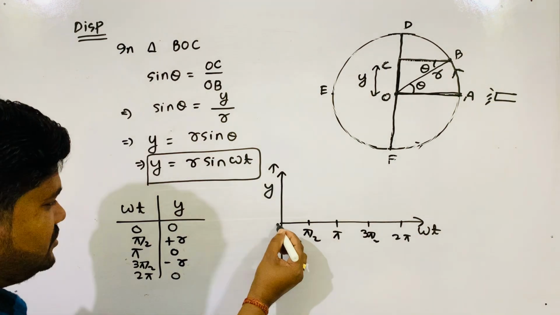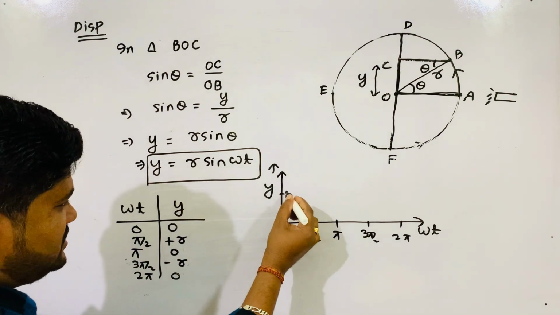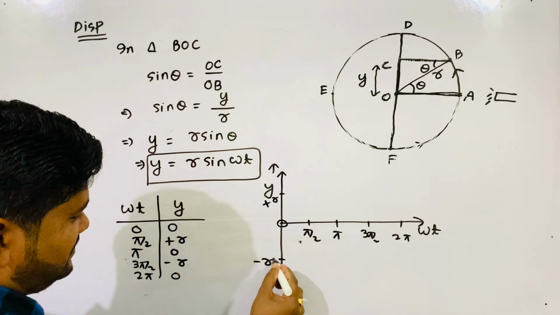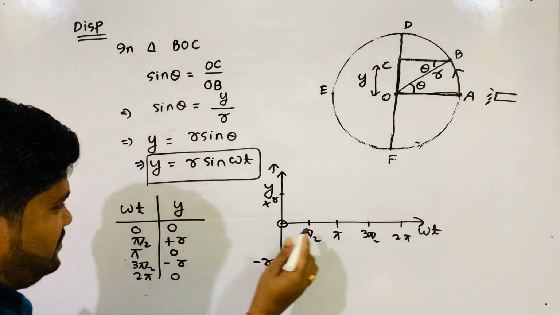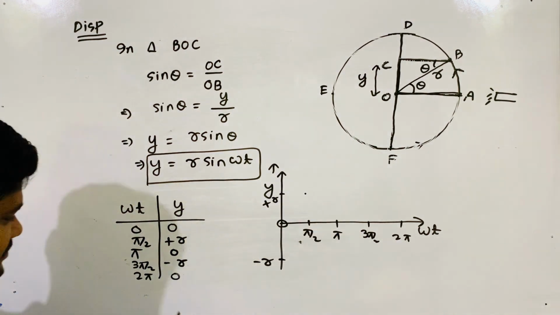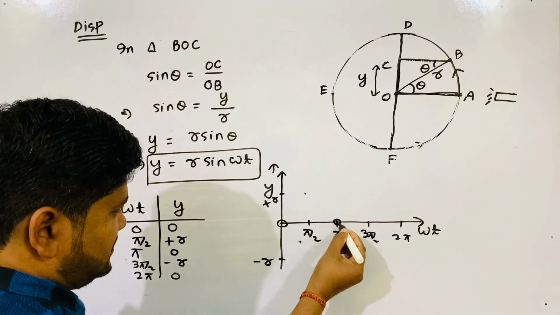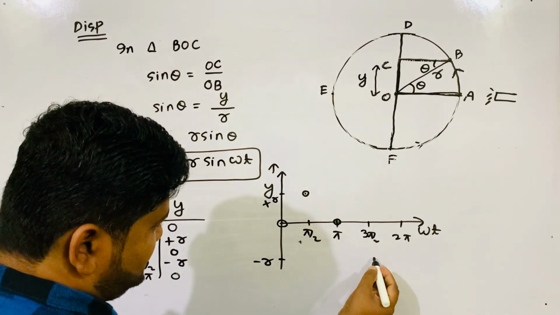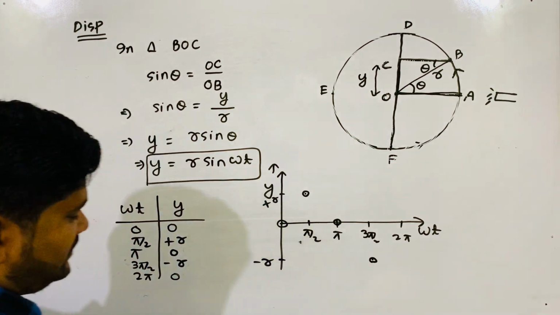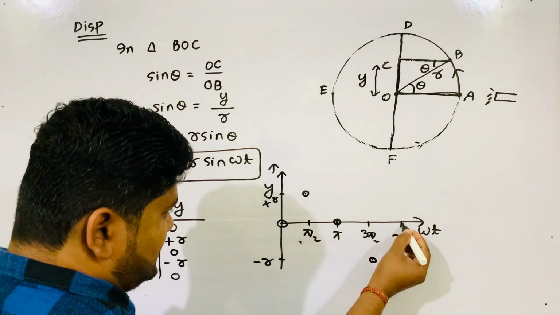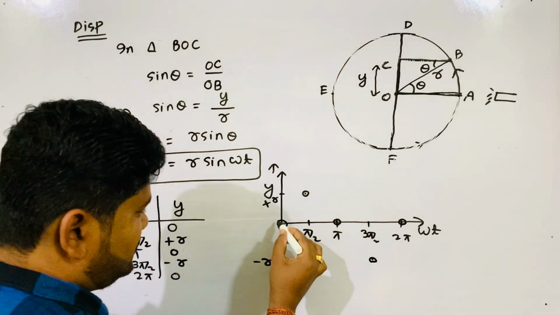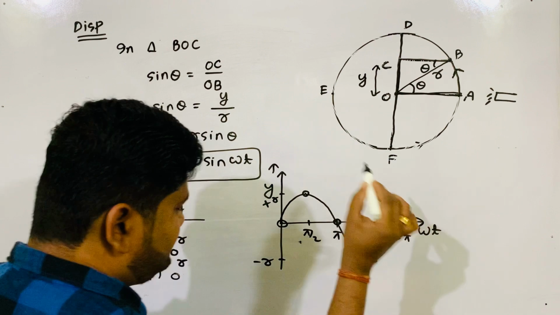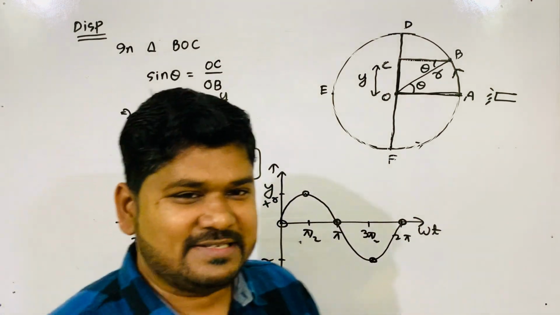Put the points: 0, 0. Suppose this is plus r and this is minus r. At pi by 2, plus r, the point is here. At pi, 0, the point is here. At 3 pi by 2, minus r, the point is here. At 2 pi, 0, the point is here. Let's join the points. The graph is like this. This is the sine graph.